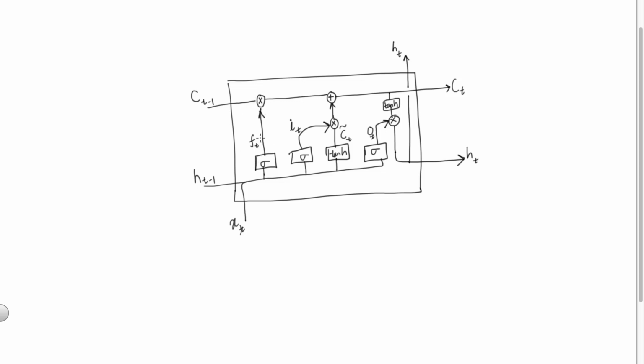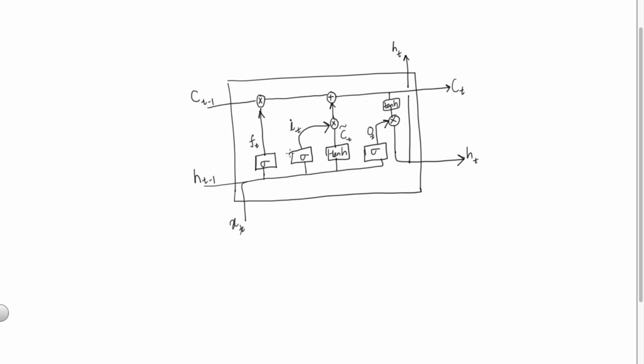And if the sigmoid layer outputs a value of 1, it means that everything is to be passed through the cell state, because this is a multiplication operation. Now let's see a step-by-step walkthrough of each of these layers, and how they affect the cell state.